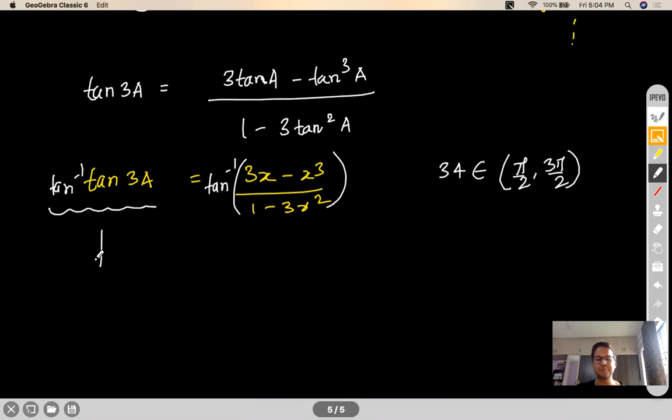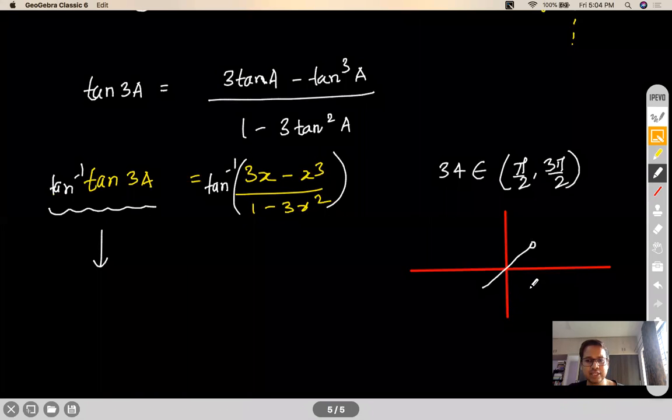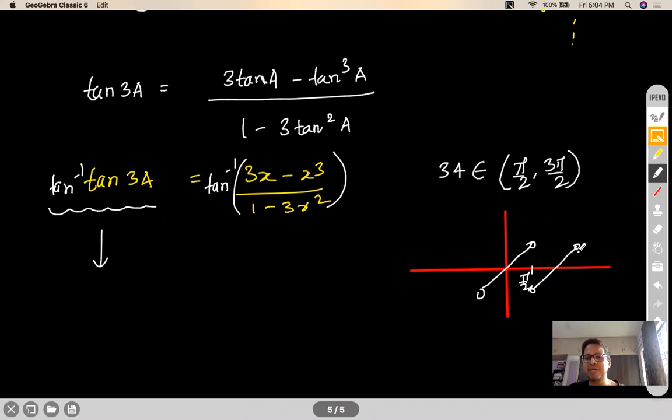You'll say, sir, simple. I will refer to my graph of tan inverse tan theta versus theta. I know them properly. This is how the graph looks like. Now pi by 2 to 3 pi by 2 is basically you are looking at this line. This line equation is y is equal to x minus pi. Correct. So this is going to give you 3a minus pi.